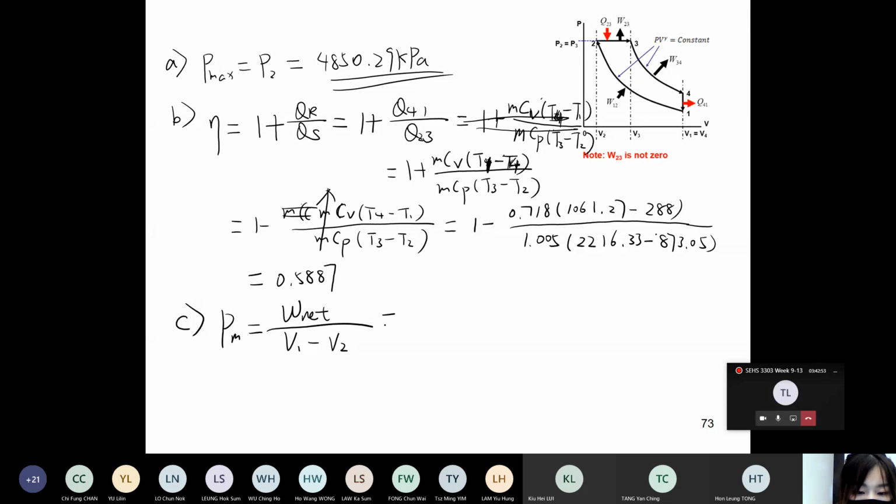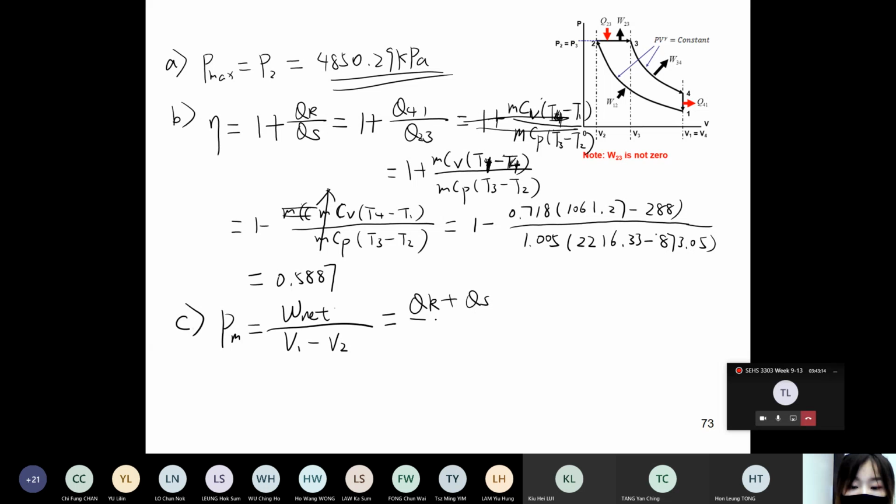So for this net work, you can use the definition of the first thermodynamic law: the sum of Q, the rejection heat and the supply heat, the sum of these two heats.